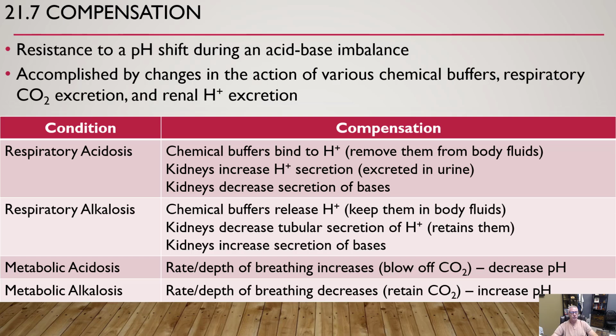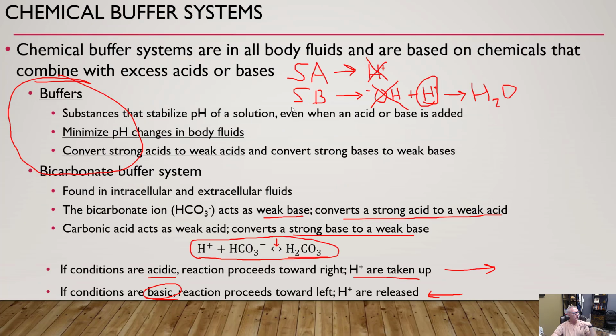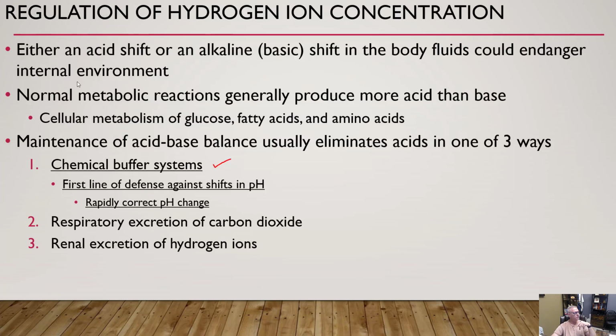All right, so for compensation, remember it's going to be accomplished by changes in the action of various chemical buffers, the respiratory carbon dioxide excretion, and the renal hydrogen ion excretion. So we have these 3 things that we learned: the chemical buffer system, the respiratory, and the renal.